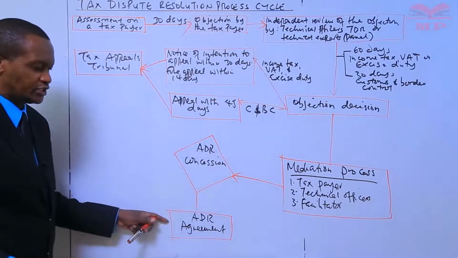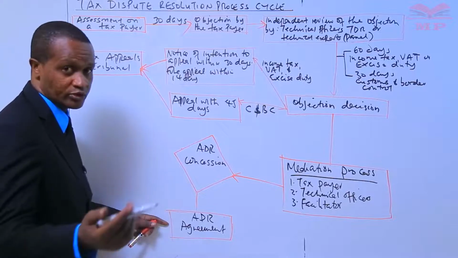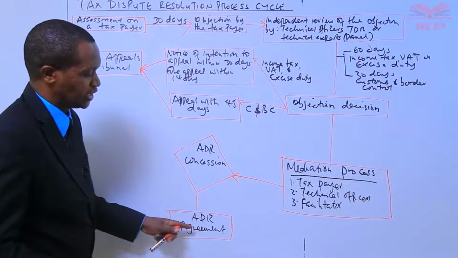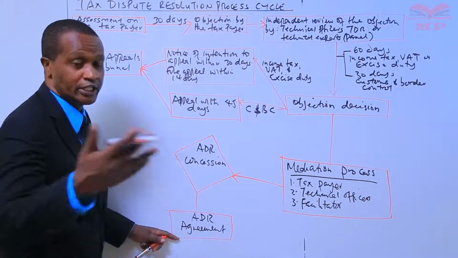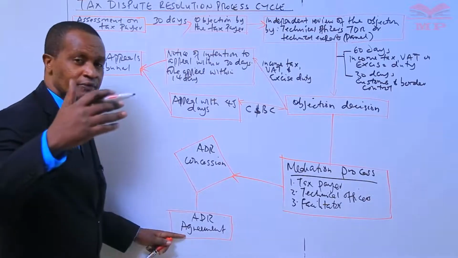We learn more about this agreement in our subsequent sessions. We will have many sessions, around 4 subtopics in relation to the alternative dispute resolution, beginning with the legal framework, ending with the ADR agreement.